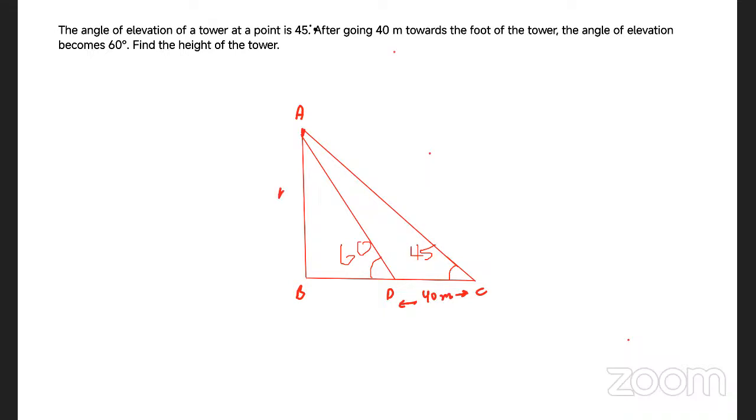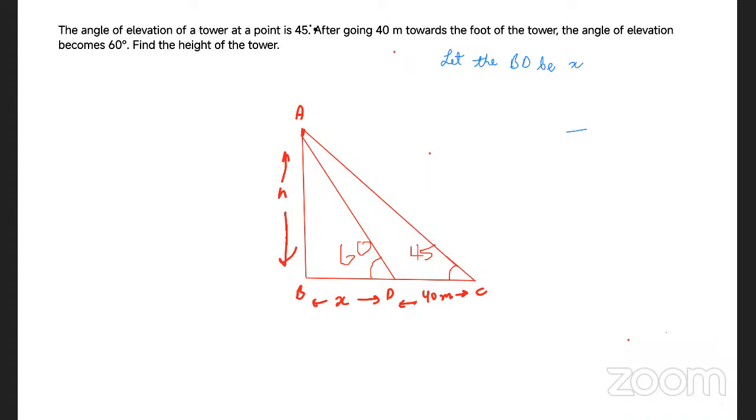Now we have to calculate the height of the tower. Understood? So now I'm taking this BD distance as x. So I'll write the answer. Let the BD be x.